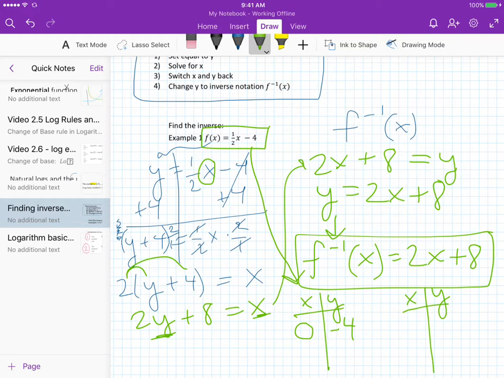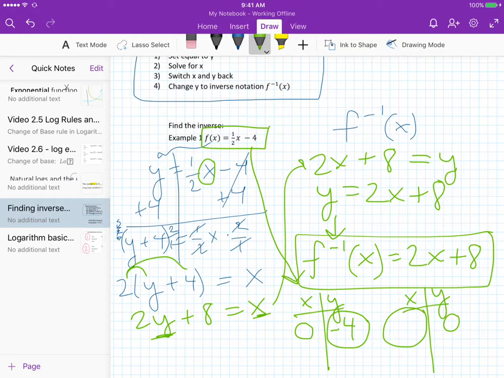Now if I plugged in negative 4 as my x here in my inverse, I should get 0. That's the whole point. It goes from x to y and then y to x. It's the inverse. So it's saying, hey, if I plugged in the y as the x, I should get the opposite. So let's test that.